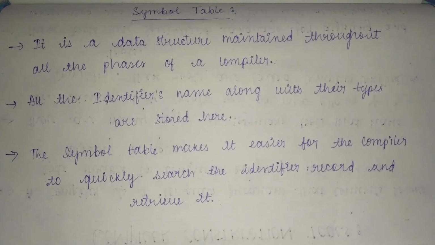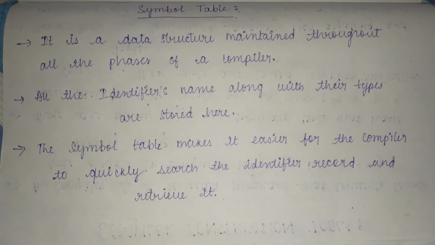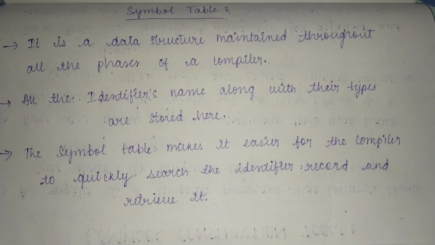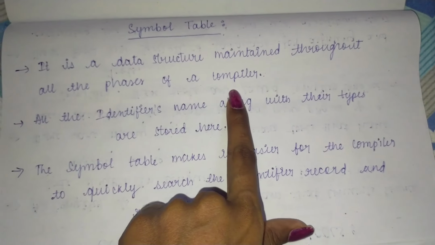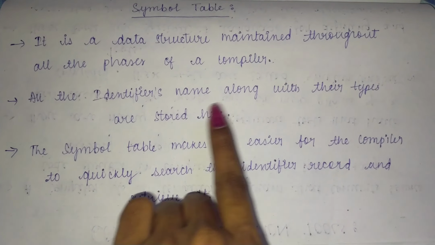Next comes our symbol table. The symbol table is a data structure maintained throughout all the phases of a compiler. What you have to remember is that it is a data structure which is maintained throughout all the phases of a compiler. All the identifier names along with their types are stored here.